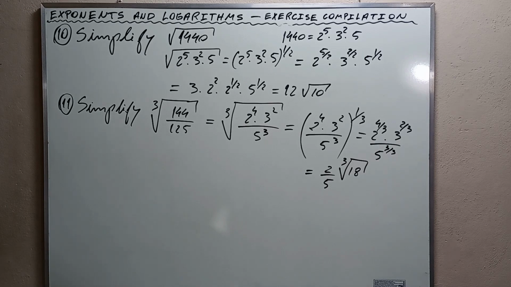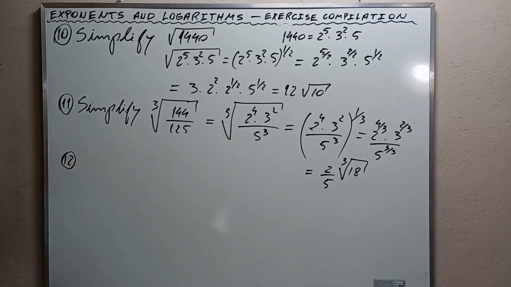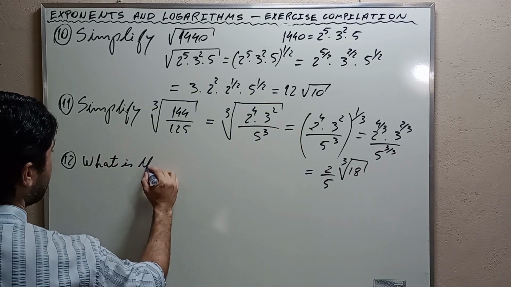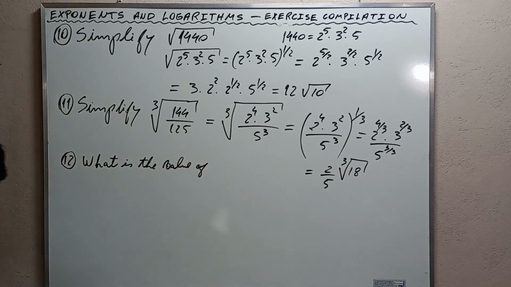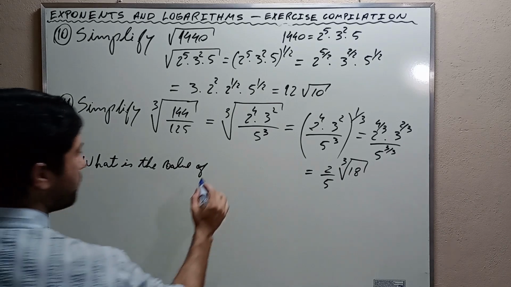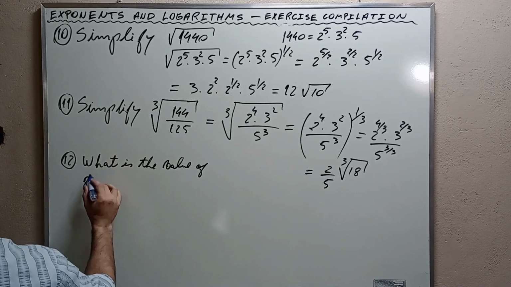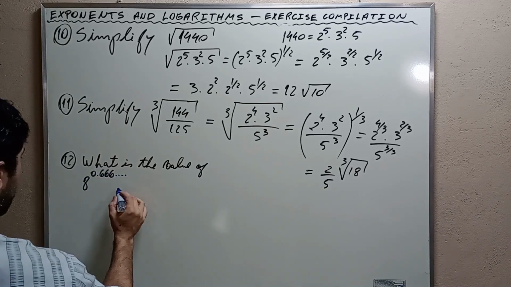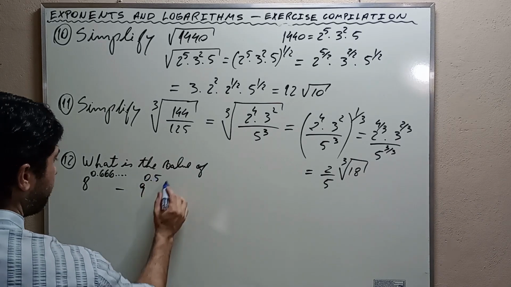And exercise number 12 is of the sort: what is the value of 8 raised to the power of 0.666 minus 9 raised to the power of 0.5?